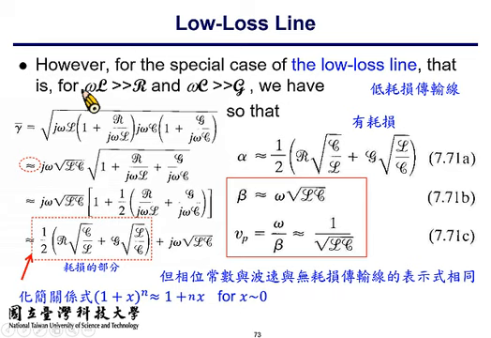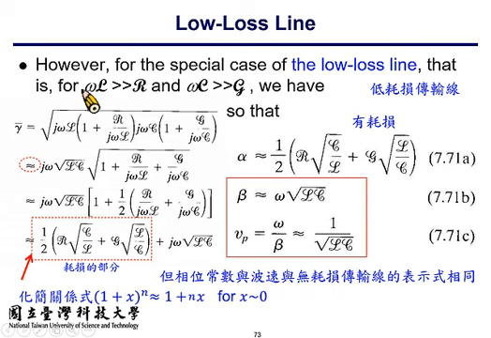In the actual transmission line design, the microwave circuit design, of course, you will not fabricate or manufacture a very lossy transmission line, right? You know that the purpose, the objective of a transmission line is to deliver energy, to transmit energy.